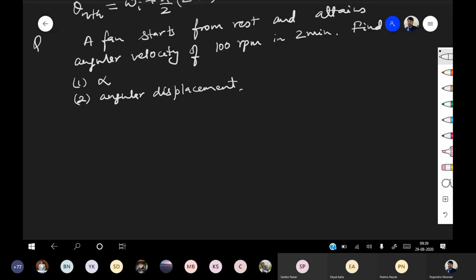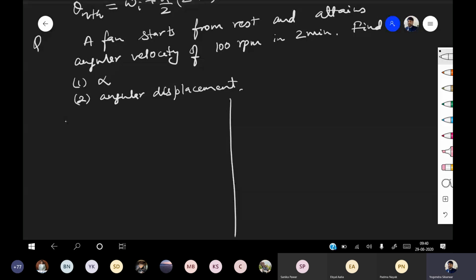Okay, let me solve. Pay attention, everyone. I'll be solving this question both ways, in RPM also and in radians also.